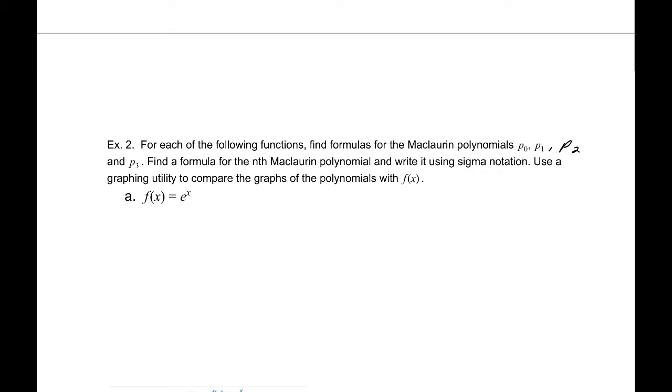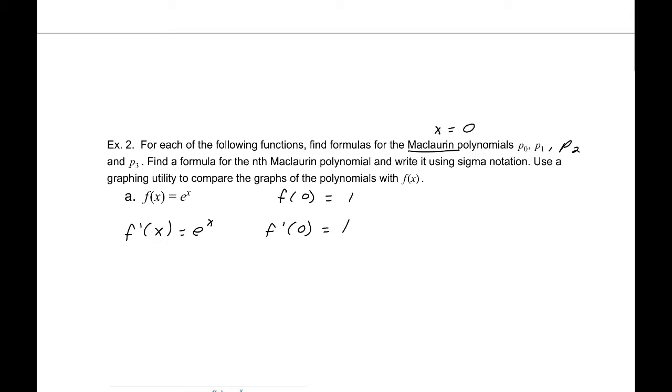Okay, let's begin with just f of x. Well, we have it given here. So f at 0, because these are Maclaurin, we are centering at 0. That will be 1. F prime of x is e to the x, so f prime of 0 is 1.